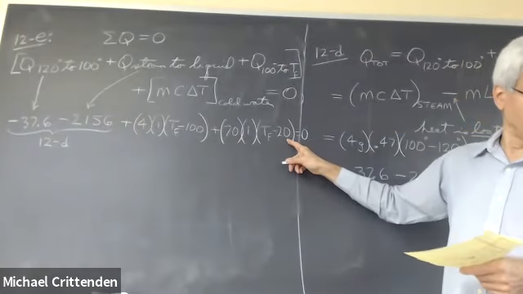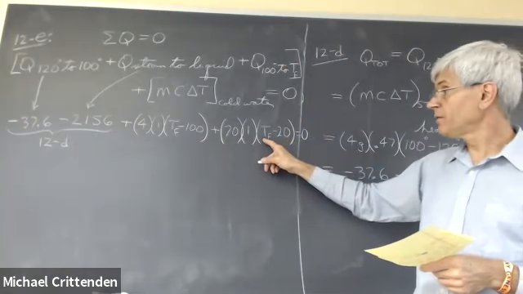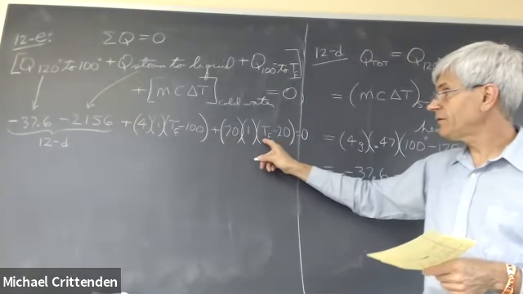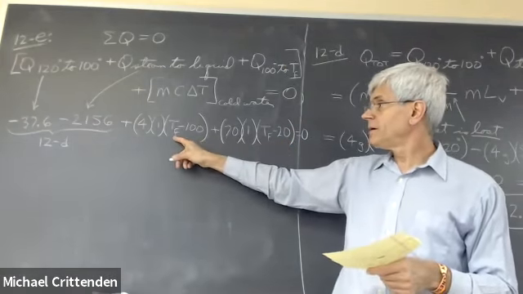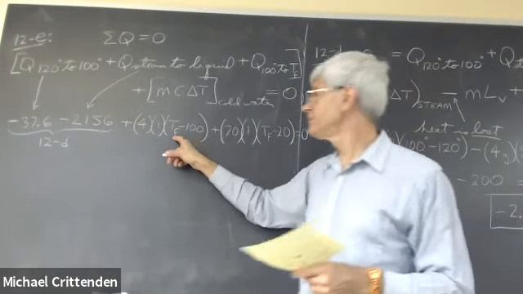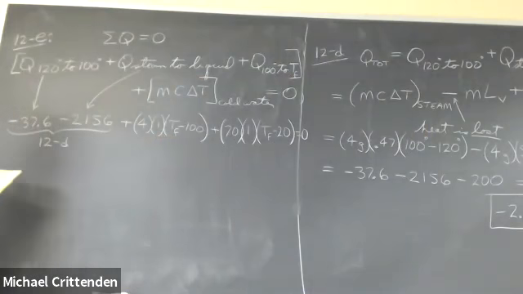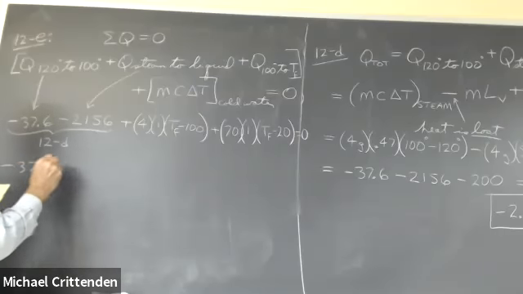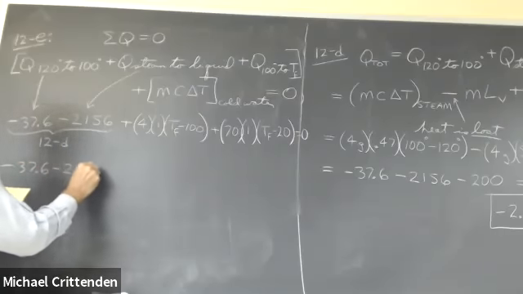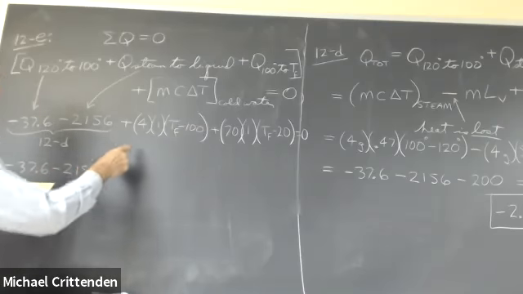This water started out at 20 degrees and warms up to T final, the same T final that the steam cools down to, or the stuff that started out being steam anyhow. Okay. Recopy these two numbers.